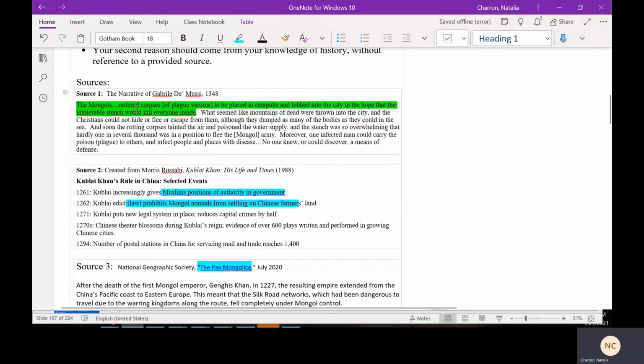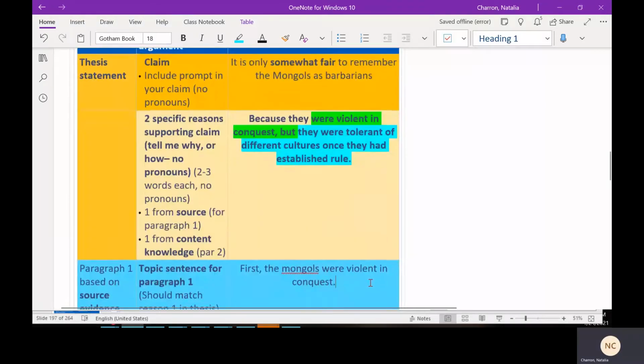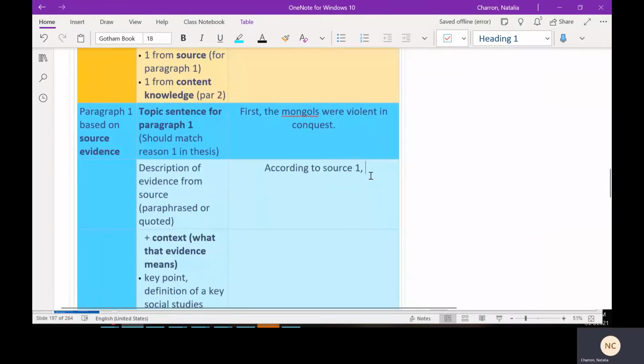So according to source 1, the Mongols were in the habit of bringing plague victims into towns they were trying to conquer. So that's a point for source evidence.